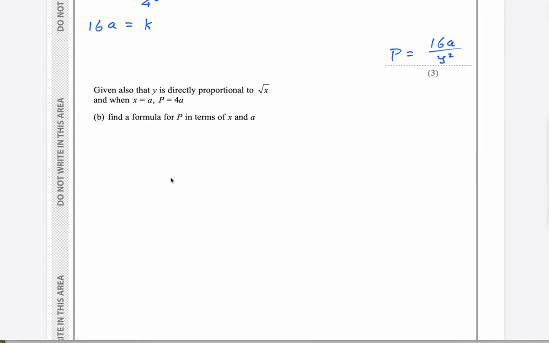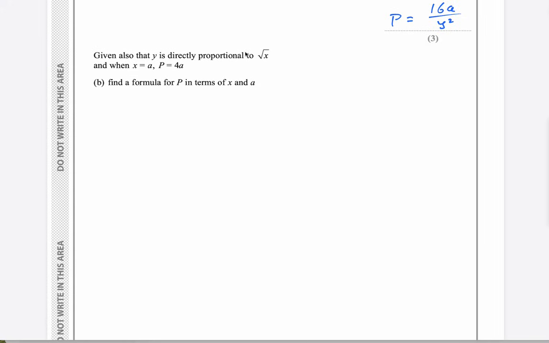Then he says, given also that y is directly proportional to root x, and when x is A, P is 4A, find a formula for P in terms of x and A. Okay, so let's go to this. Y is directly proportional to root x. So now I'm going to say y is equal to, I'm not going to use K, guys, because K has already been used.